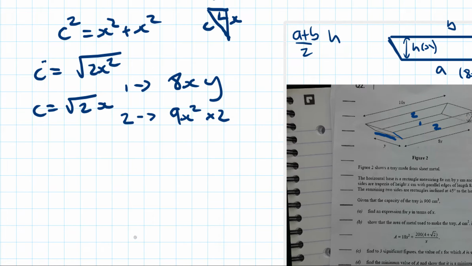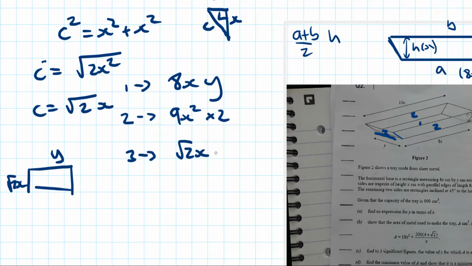And so therefore when we do our rectangles, shape 3 here is a rectangle. One of the sides is root 2 x and one of the sides is going to be y. And we've got two of those, so it's going to be root 2 xy times 2.